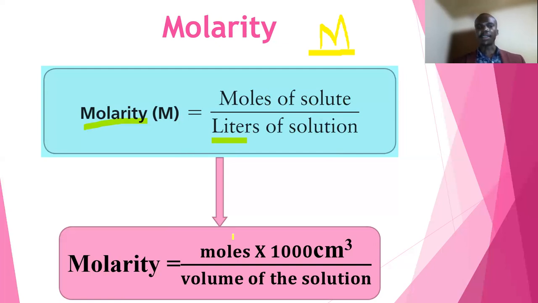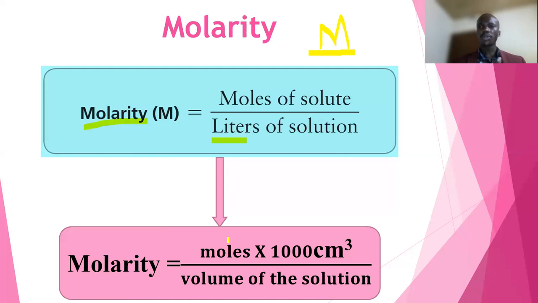From here we can also get another formula for calculating moles. If you do the cross multiplication and make moles the subject of the formula, you will get that moles is given by molarity times volume over 1,000. We'll also discuss that.